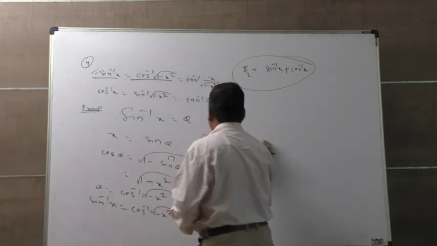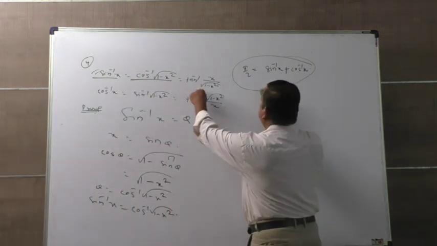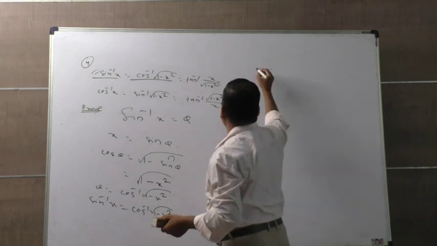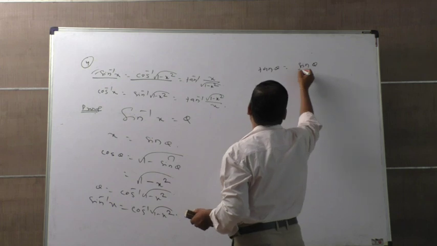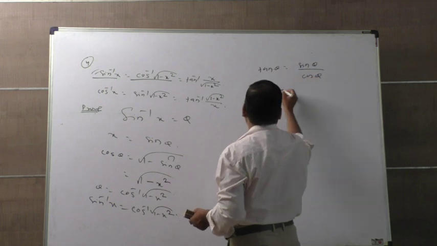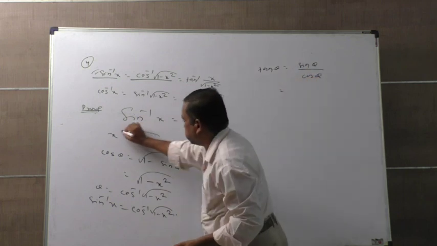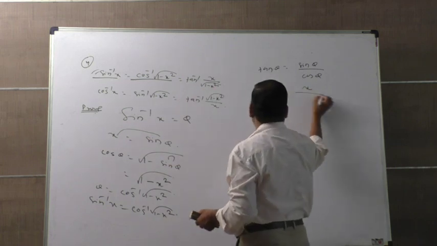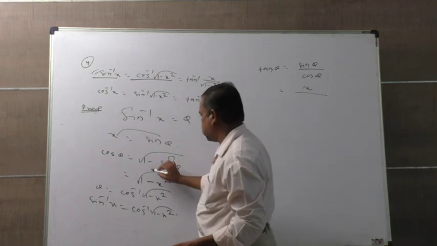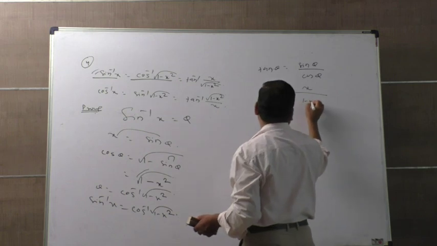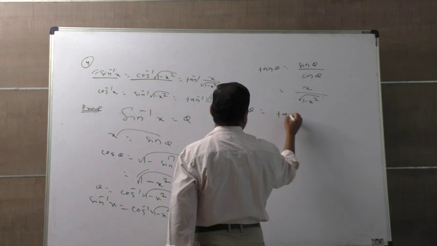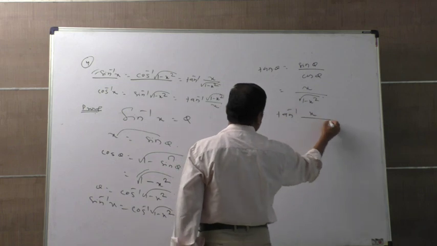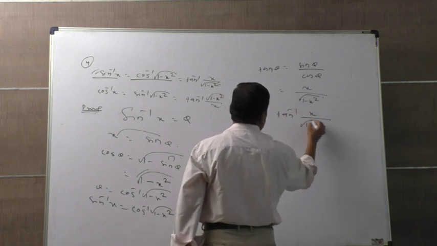Now how to find tan inverse x? Third thing, because we know that tan theta is sin theta by cos theta. We have taken sin theta is x and cos theta is root of 1 minus x square, so that theta is tan inverse of x over root of 1 minus x square.